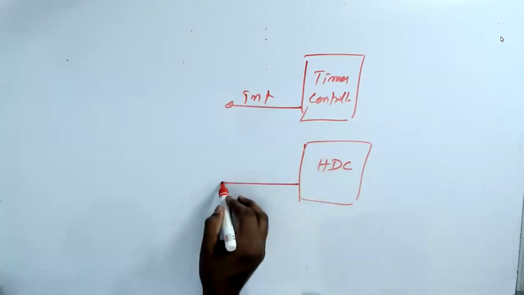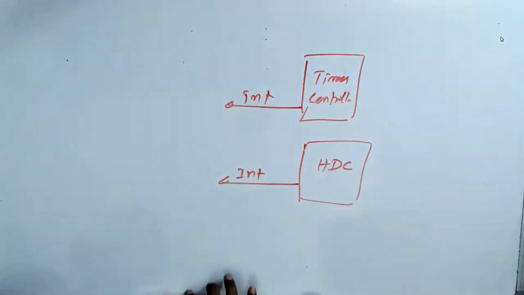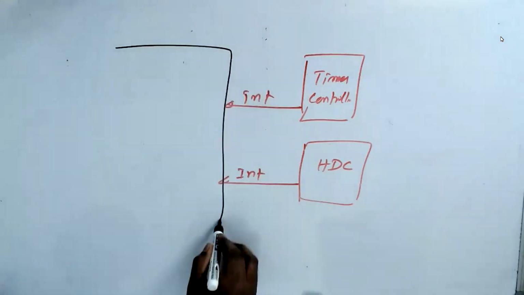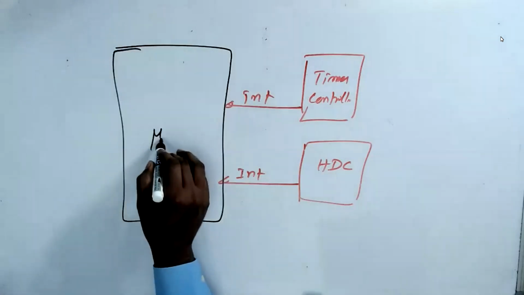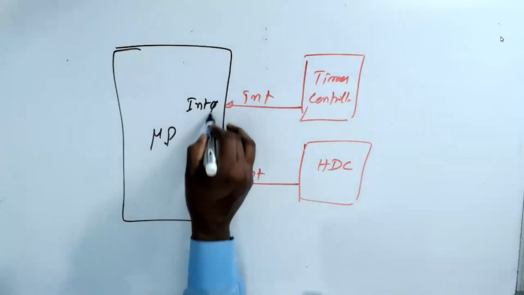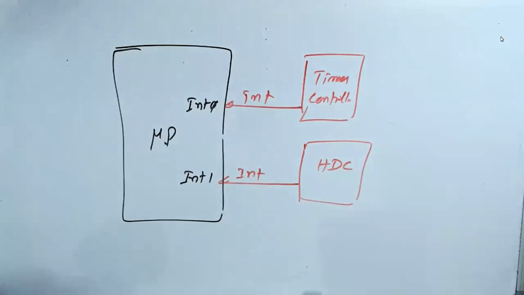And this guy is also giving an interrupt. Understand? Both are giving the interrupt. Now, this microprocessor has 2 interrupts. Let us call this int 0. And let's call this int 1. So what is the advantage now?